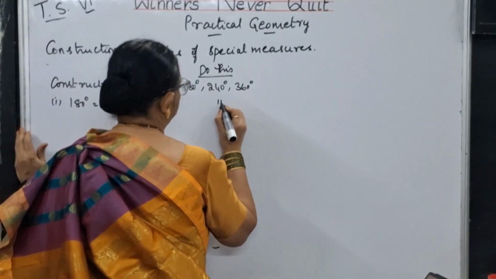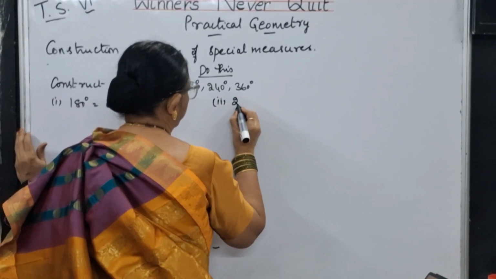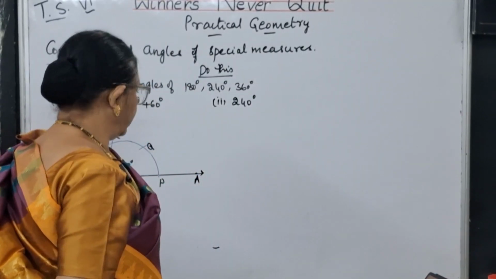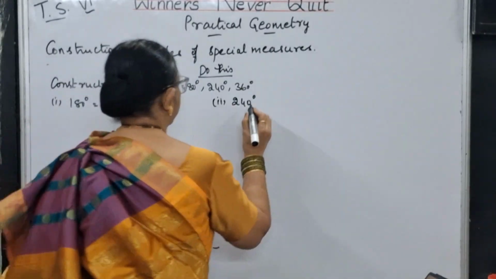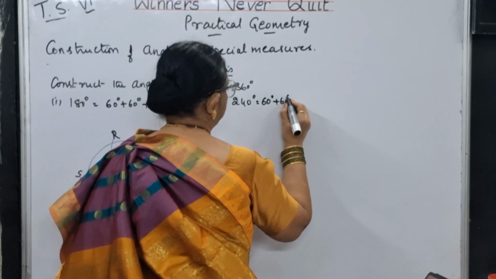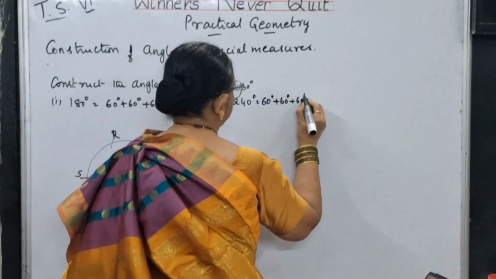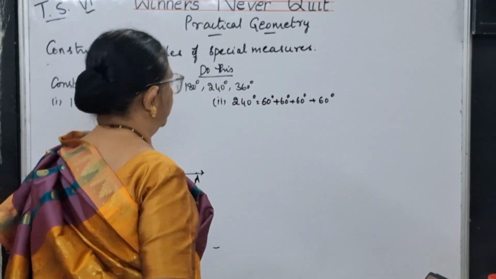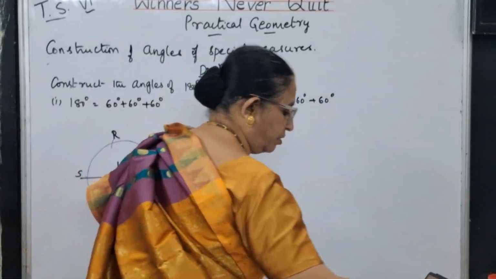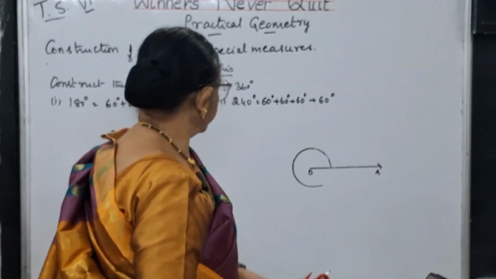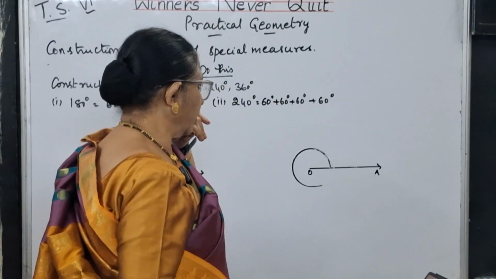So this is the first one. Now the second one, 240 degrees. So 240 degrees means 60 degrees plus 60 degrees plus 60 degrees plus 60 degrees, 4 times 60 degrees. Suppose, children, 240 degrees we are drawing.